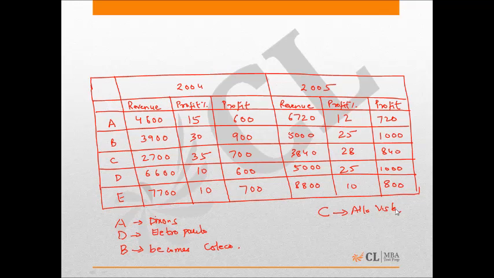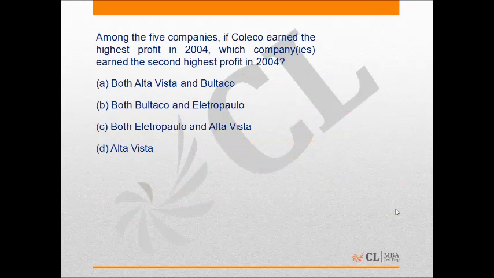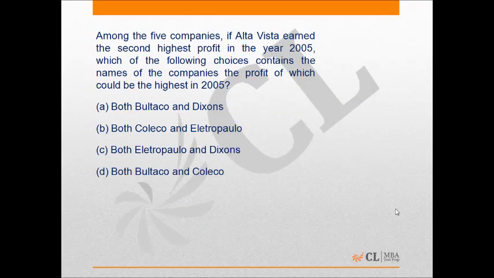Now the highest profit earned by the company in 2005 is rupees 1000 crore. So from the given choices, if I look, the answer could be Coleco and Eletropolo, which is your option number B.